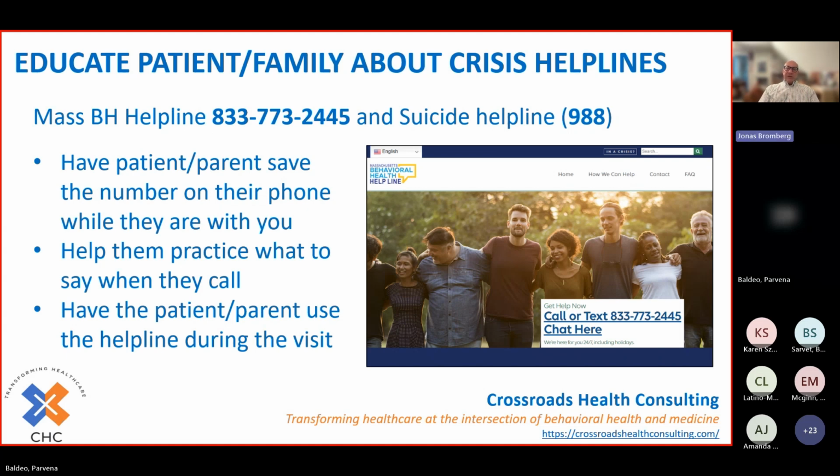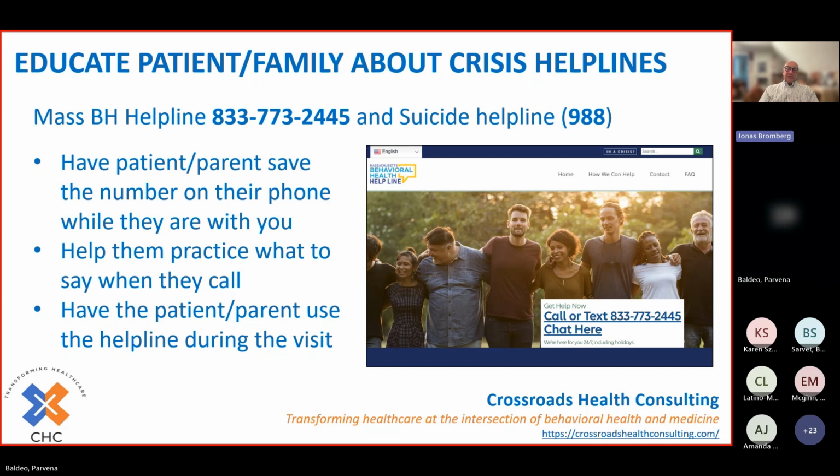Another important thing we want to make sure that we do as part of the safety planning is make sure that patients and families know about, and have access to, these numbers, which I'm sure you all know well. In Massachusetts, our behavioral health helpline and the National Suicide Helpline. In many cases, we want to make sure that the patient and parent save these numbers, put them on their phone while they're in the office.